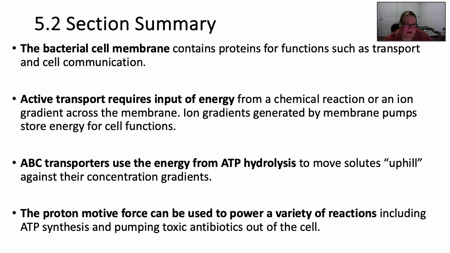And then we talked about the proton motive force. This proton motive force not only powers ATP synthesis, but also helps those efflux ABC transporters pump the toxic antibiotics out of the cell. So that's another function of the proton gradient.